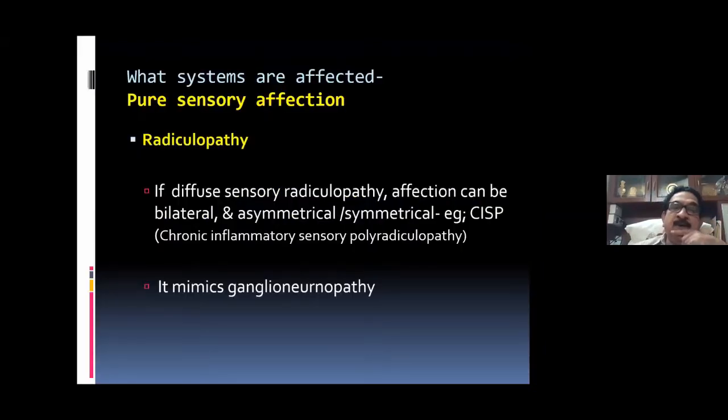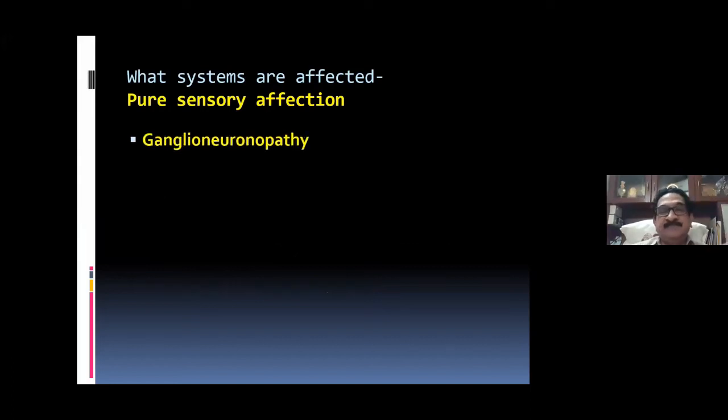Now, how to localize? Sometimes roots may be affected diffusely, not one root, bilaterally, symmetrically, or asymmetrically, as in the case of TB. Sometimes sensory roots alone may be affected, as in the case of chronic inflammatory sensory polyradiculopathy, CISP. Or sensory alone may be affected in ganglionopathy, or neuronopathy.